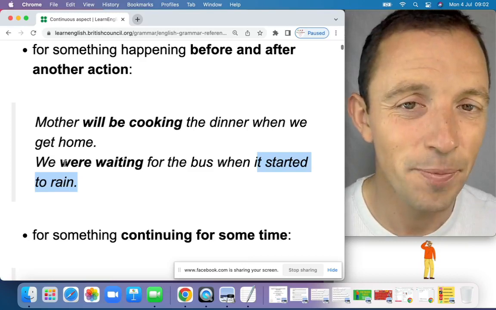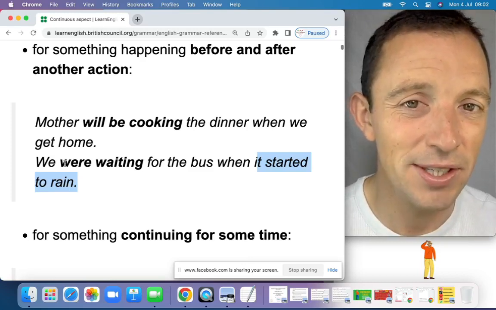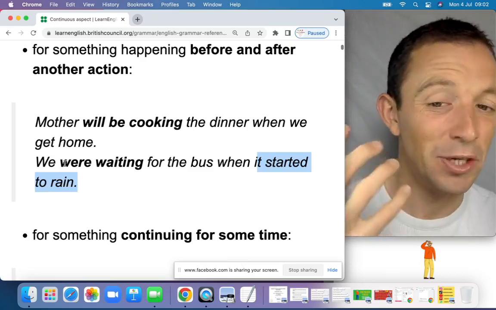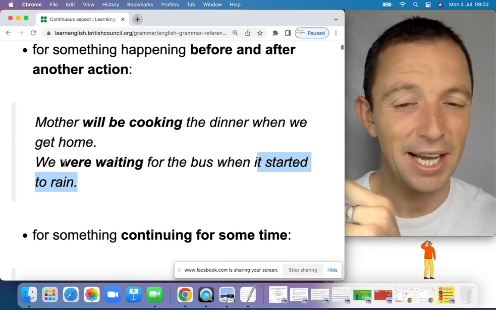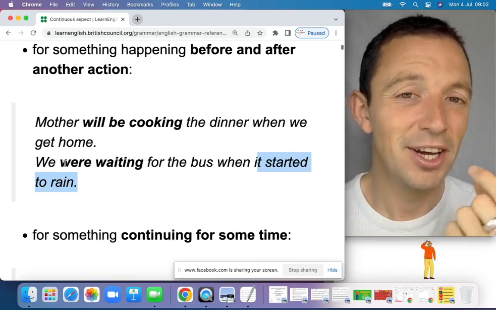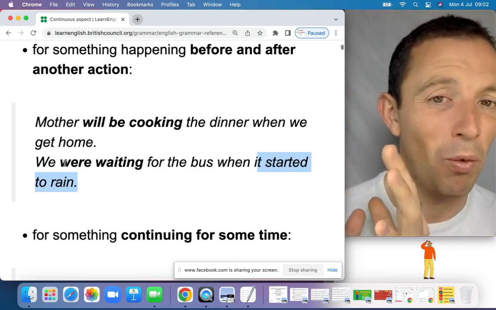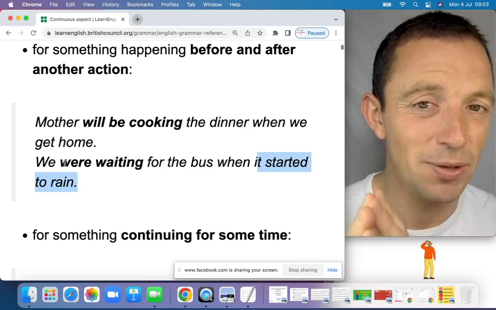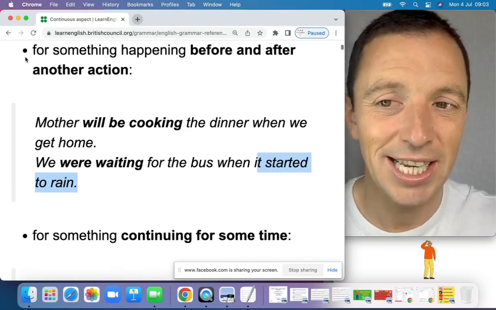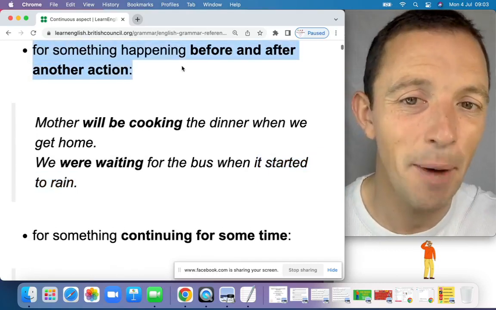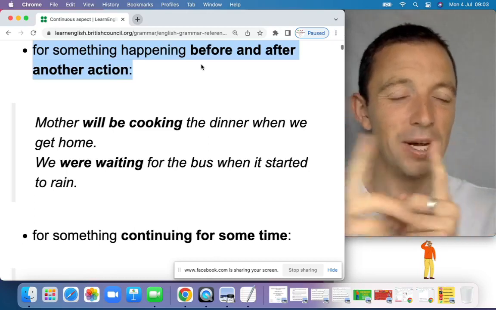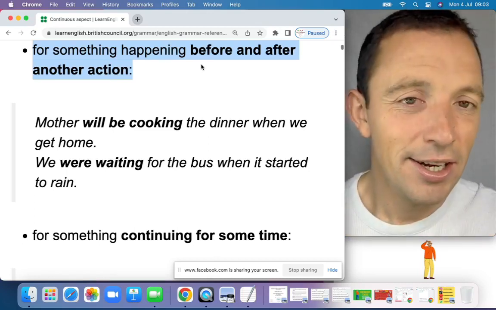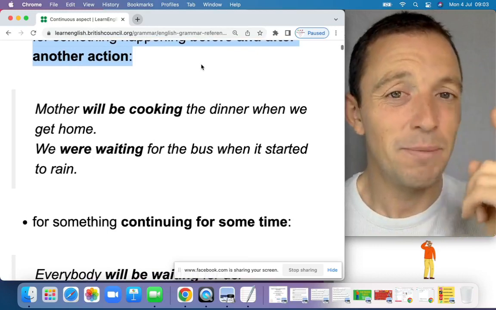The construction of the continuous in this case is the past continuous with the subject we, the verb to be in the past, plus the gerund or the ing form. We were waiting. That's the past continuous. Okay, so that is the second rule for something happening before and after another action. To get home, started to rain, which is very similar to the specific time, number one.